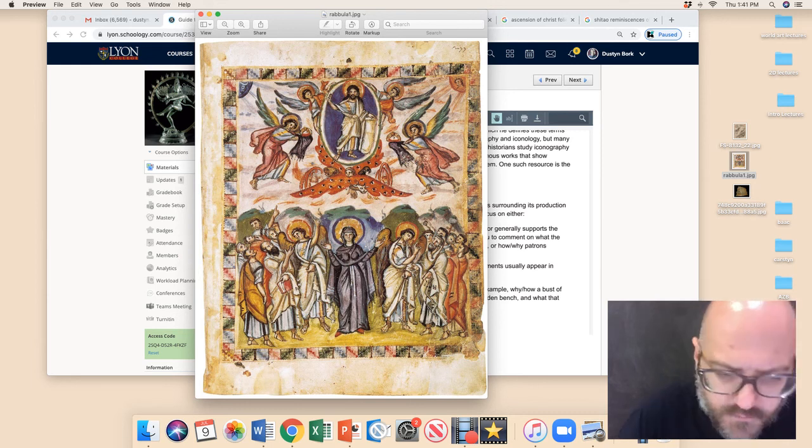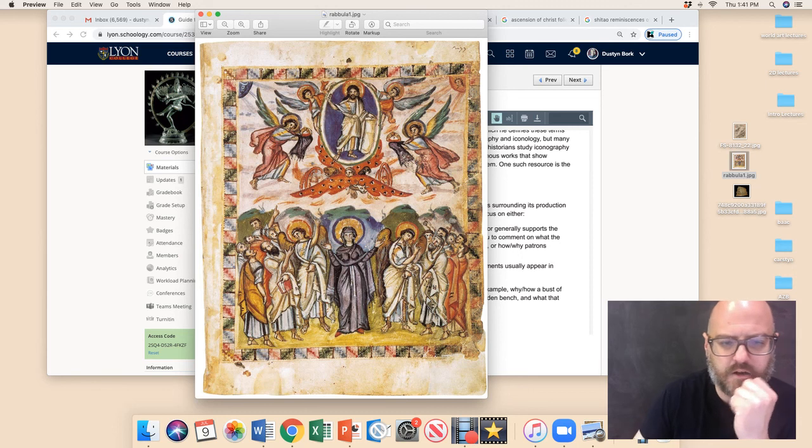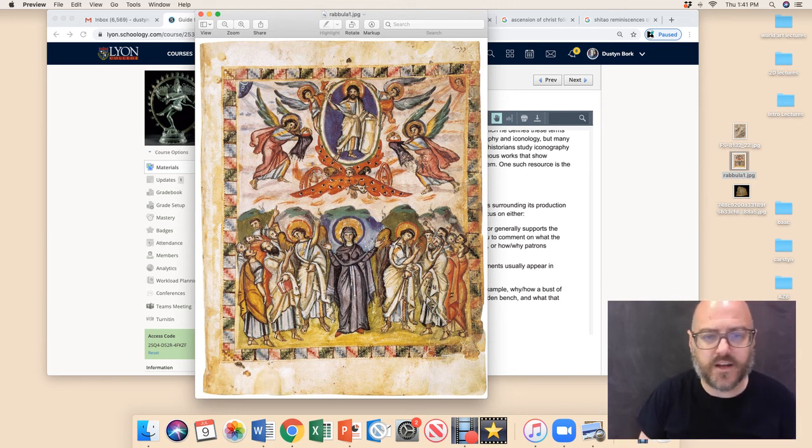This figure right here, you can probably assume, is the Virgin Mary, Madonna, directly below Christ, and she has a halo as well. There are two angels flanking her. Well, how do I know they're angels? Well, they have wings, right? The pretty stereotypical way that early Christian art references them. These are the type of things that you're going to write about. Who you see in the image and what they might mean.